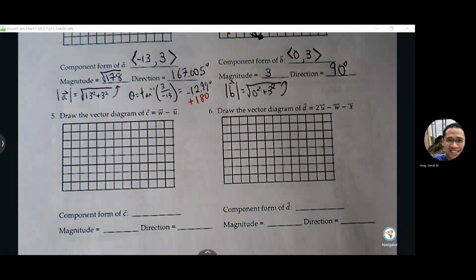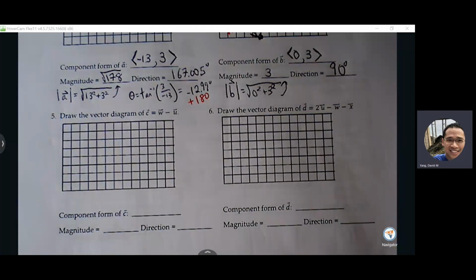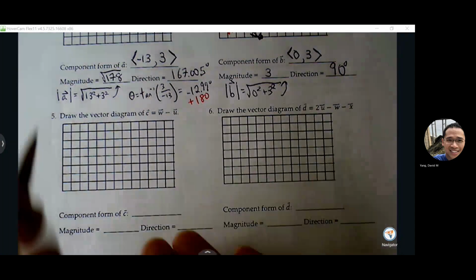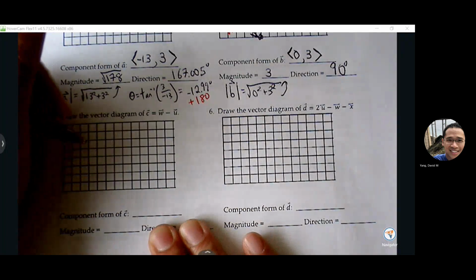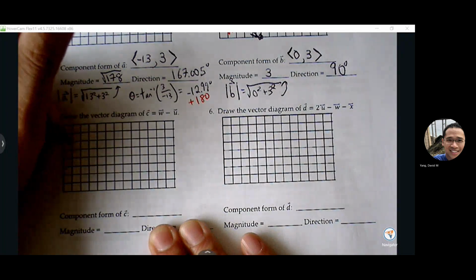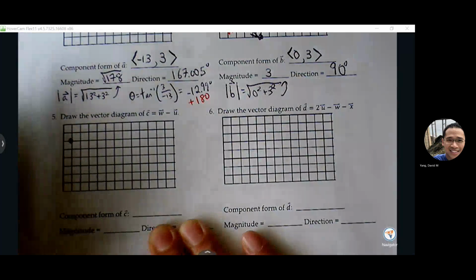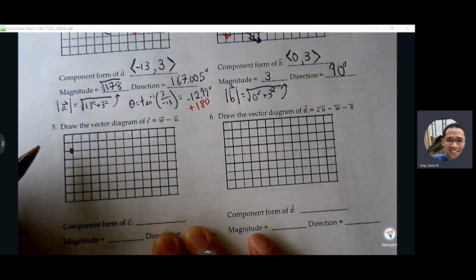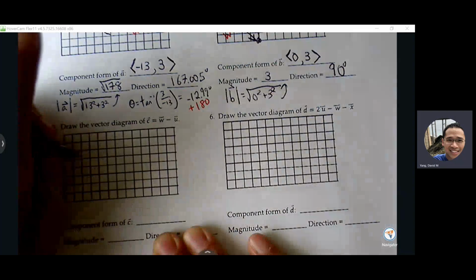Okay. All right, we'll just finish up with 5 and 6. All right, so W is going to go to the right and down 5 units.